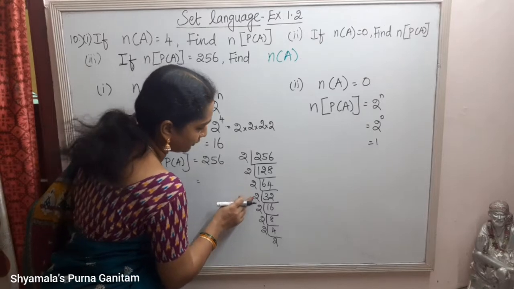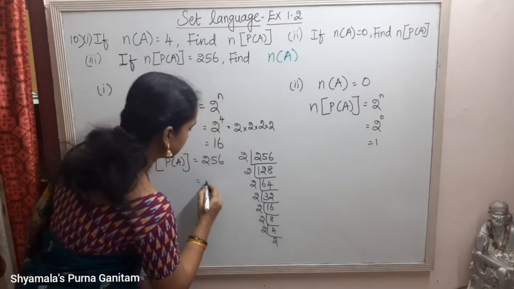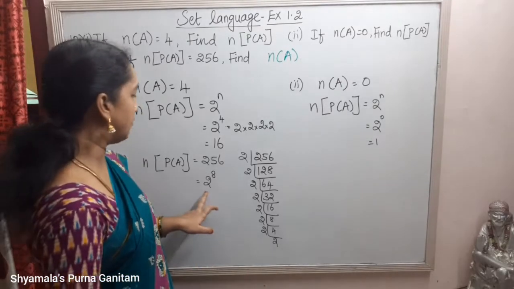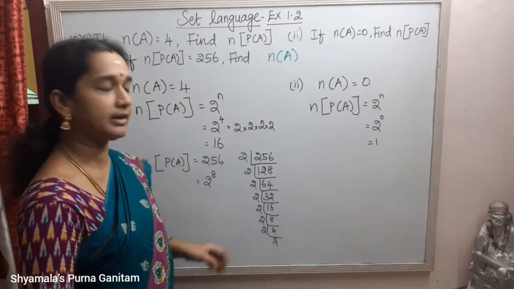Counting the 2s: 1, 2, 3, 4, 5, 6, 7, 8. You can write this with the base 2 as 2 power 8.